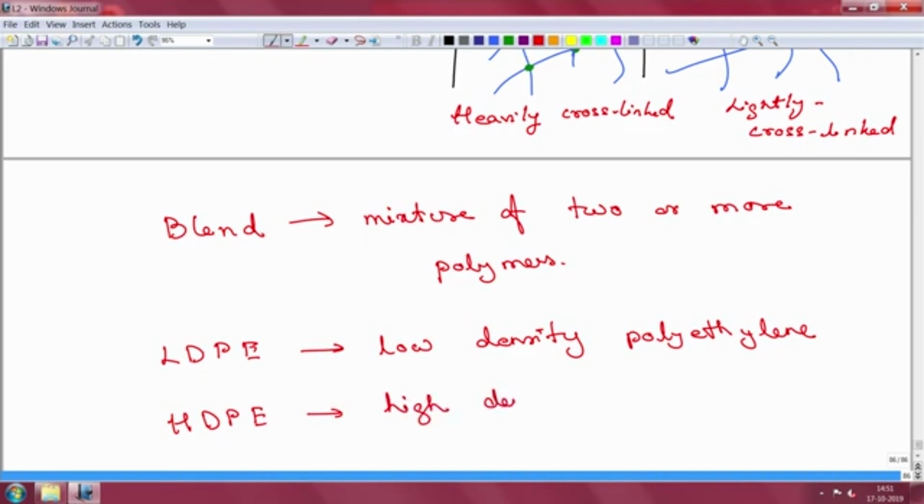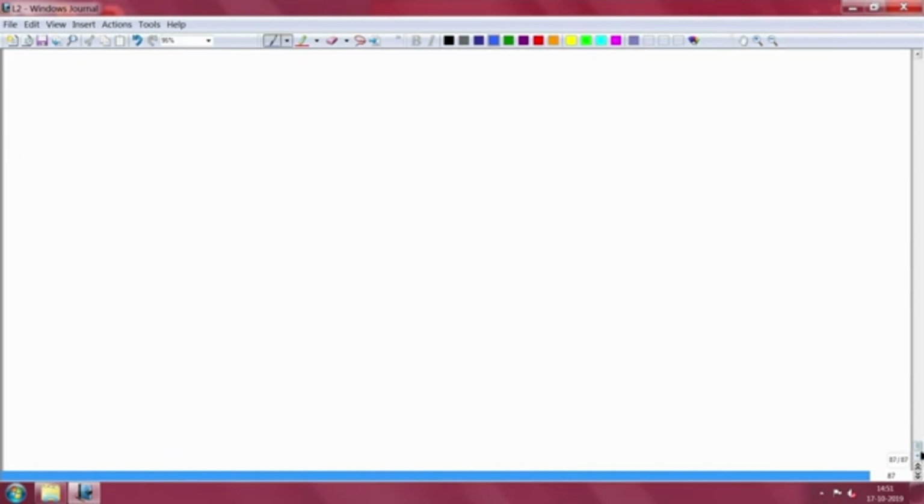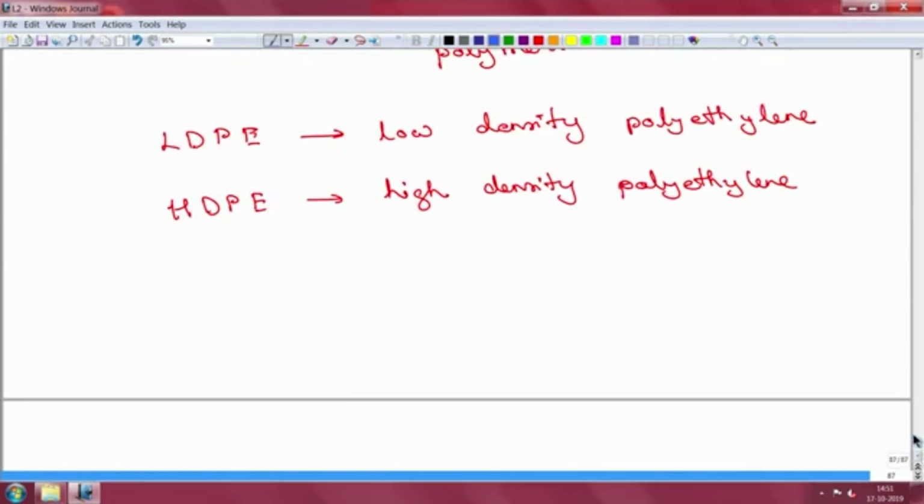So, high density, and if you place a U here, then it becomes ultra high density. So, there is something called UHDPE. So, changing the structure is going to lead to all these. So, I am not going to copy this. So, I will say ultra high density polyethylene.